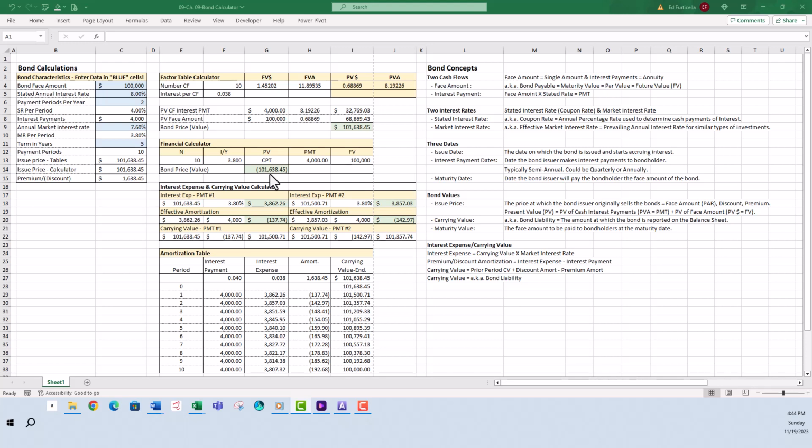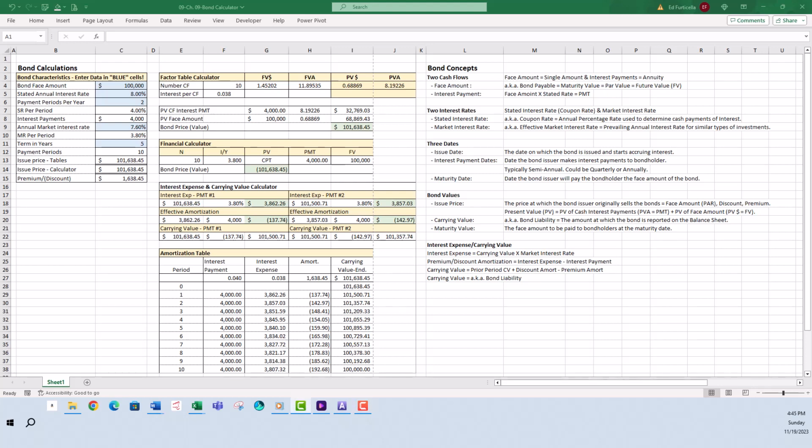In both cases, we got the same bond price, regardless of whether we used factor tables or financial calculators. Now we know that there will be times when there will be a small nominal difference between the factor tables and the financial calculators, because factor tables truncate their amounts while calculators do not.